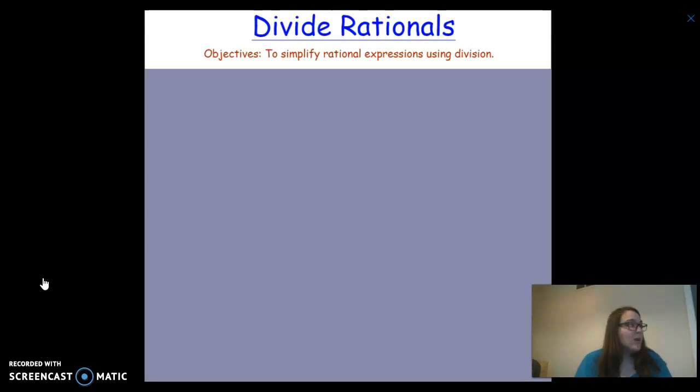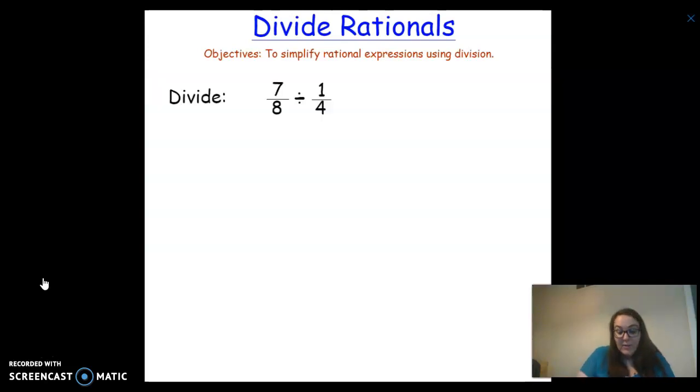Dividing rationals, we are going to simplify rational expressions using division. What I'm going to start with, however, is just dividing something you already know. Okay, so for instance, 7/8 divided by 1/4. Big key thing about division is remember that you want to change this so that you are multiplying by the reciprocal of the second fraction, so by 4/1.